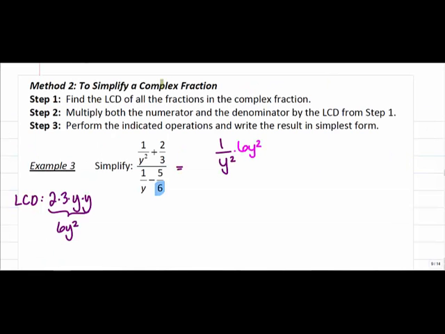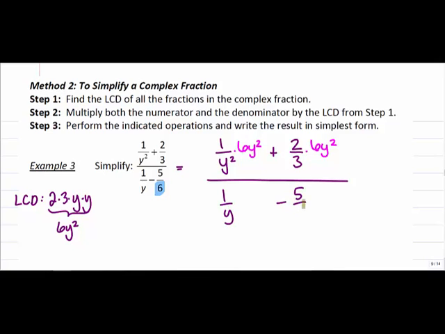I'm going to take 2 over 3 and multiply it by 6y squared. I'm going to do the same thing to the denominator with 1 over y minus 5 over 6. I'm going to multiply them all by 6y squared.